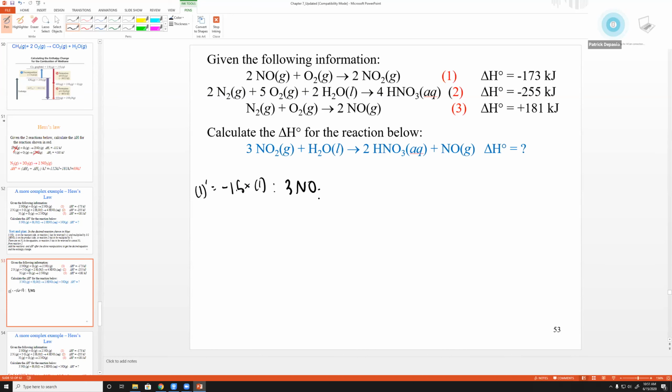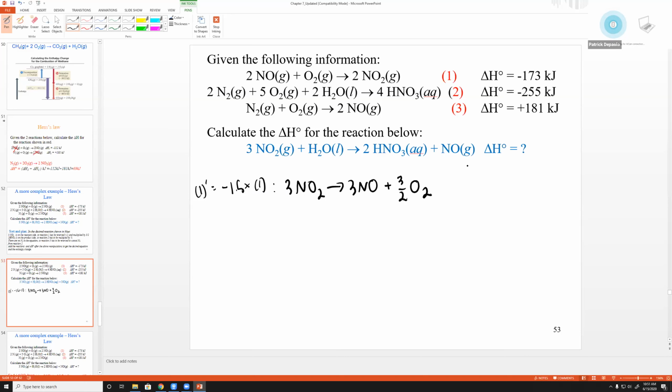NO2. I'm not going to write the gas stuff here. That's going to be equal to 3 NO plus 3 over 2 O2. And this is going to equal, whatever, negative 173 times 1.5.